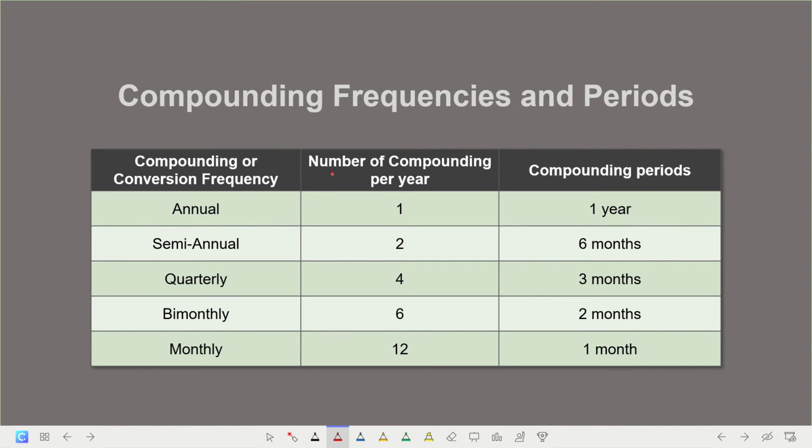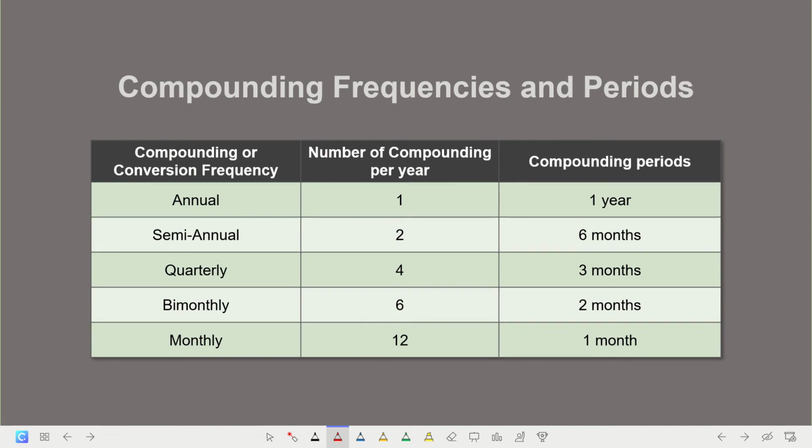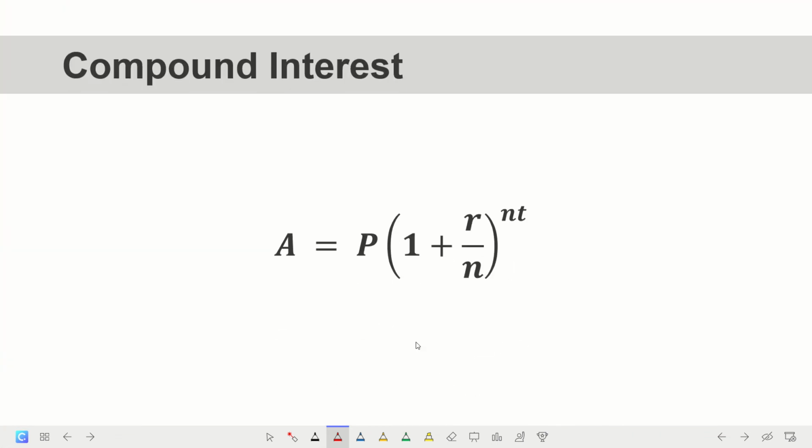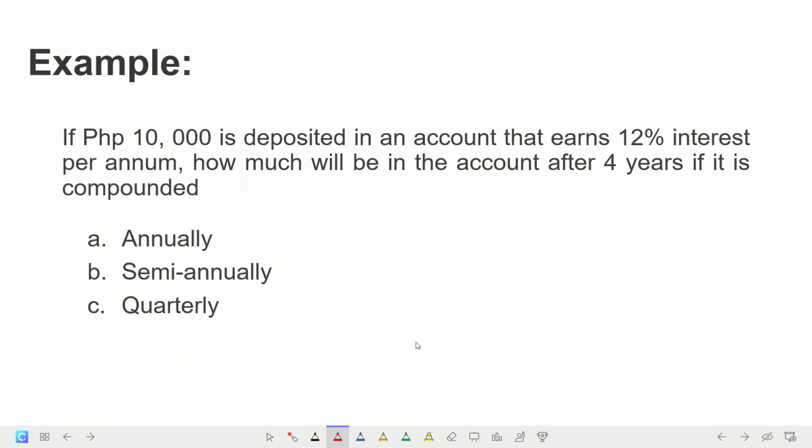Annually, n is equal to 1. Here, n is equal to 2, n is equal to 4, n is equal to 6, and n is equal to 12, and so on. So the compound interest equation now is A is equal to P times 1 plus r divided by n, raised to n times t.